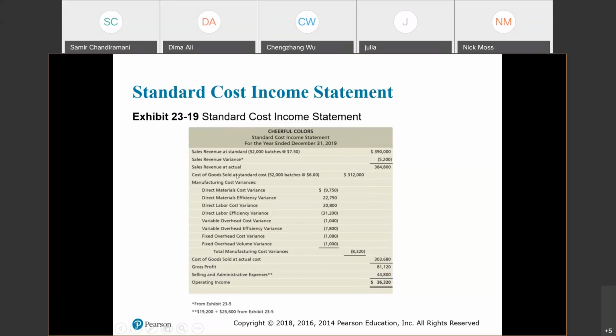Well, these statements, as you can see, start with the sales revenue at standard and subtract the unfavorable sales revenue variance of $5,200, and it uses the actual sales revenue.